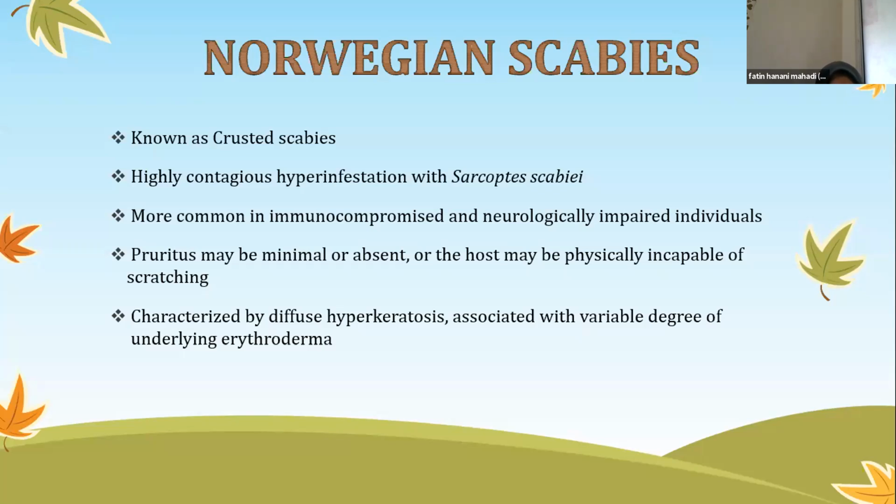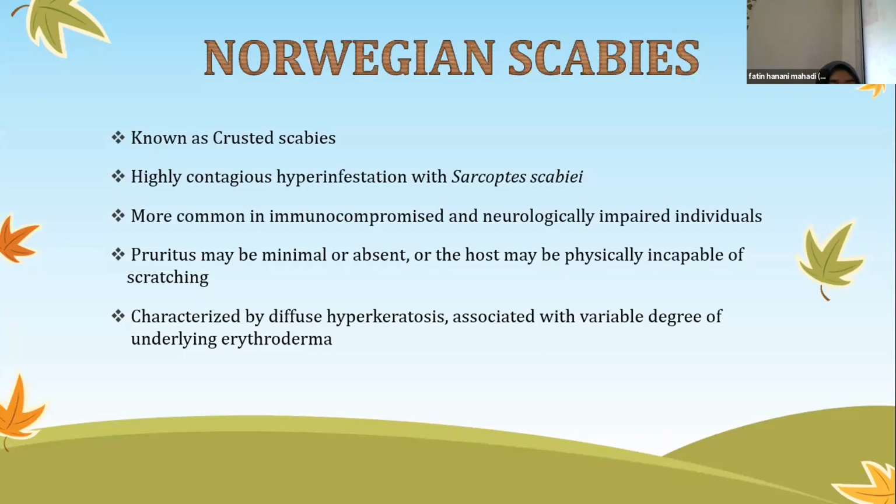And the pruritus may be minimal or absent, or the host may be physically incapable of scratching. What I found is that it might be due to suppression of the sensitivity towards the mites, therefore reducing the itching, and therefore there will be less scratching and destruction of the burrows.